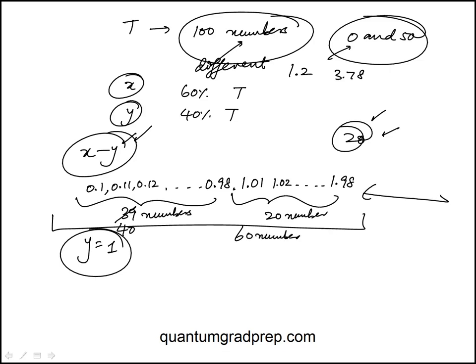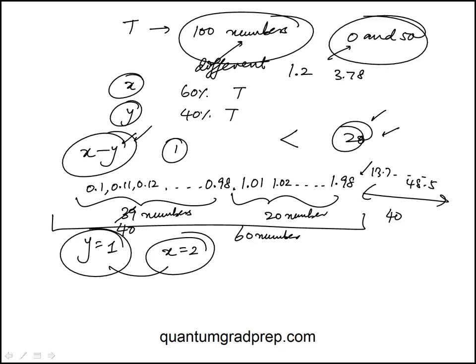And then the remaining 40 could be anything: 13.7, so on and so forth, and 48.5. And x is greater than 60% of these numbers, so we can set x to be 2, because that would satisfy this condition. Now x minus y is 2 minus 1, which is 1 in this case. So here quantity B is greater.